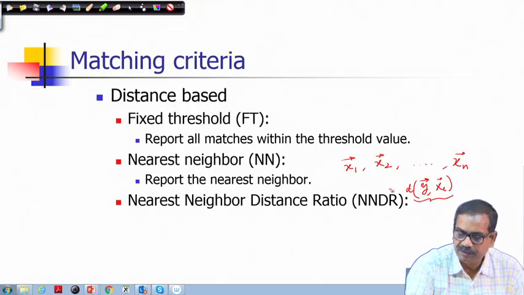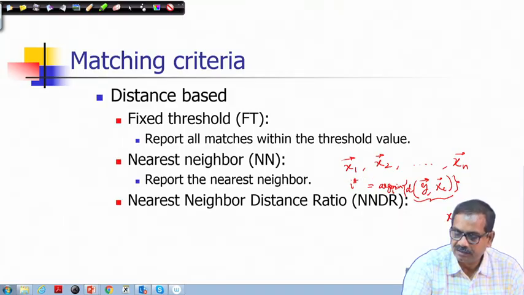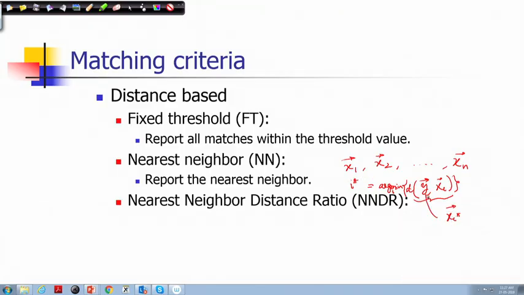You take the minimum of them, you know that operation called argmin, and that would give you the corresponding feature vector, that means x i star, that is the nearest neighbor of y. But it may happen that the distance is greater than the fixed threshold you have considered. So, you can apply that consideration also while selecting this nearest neighbor point.